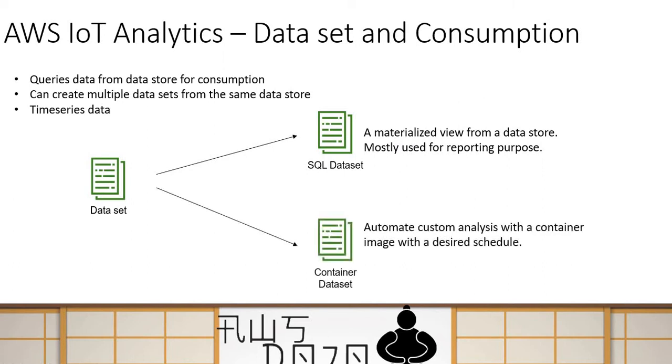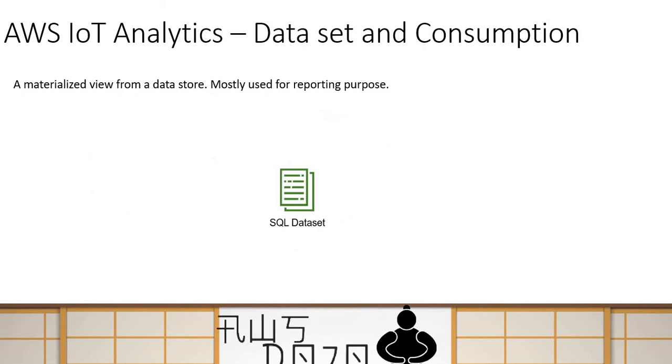Then the other one is called container data set, which is primarily used for automated custom analysis. So for instance, you want to bring your data and then you want to use some kind of containerized business logic to do some kind of machine learning or big data analytics on the data, then you go for container data set. So let's talk about these two data sets a little bit more in detail.